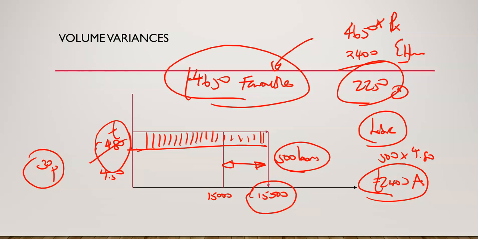So again, as long as you stick with the principle of making sure you understand that when I'm focusing on volume, this is standard quantity, that's actual quantity, that's standard price, the £4.80, and that's the actual price.